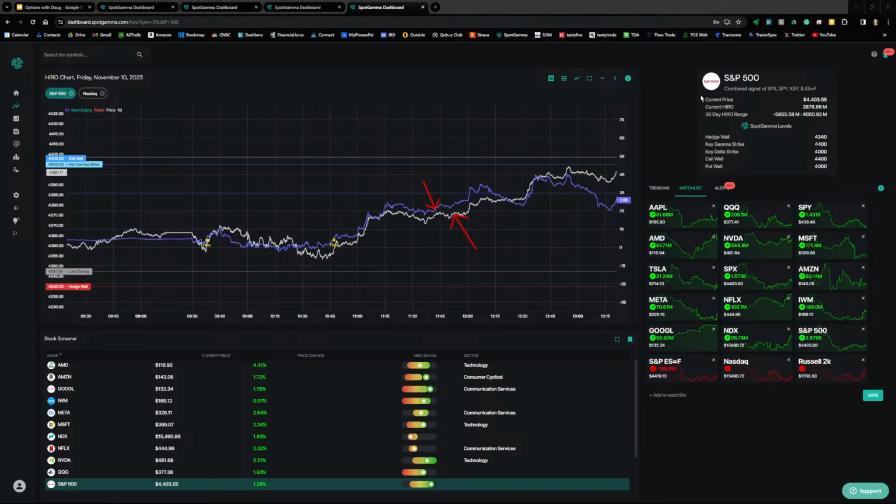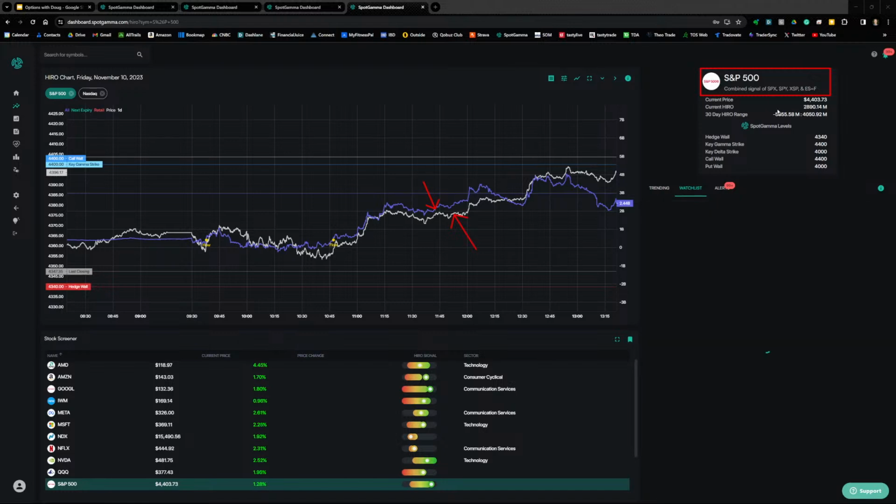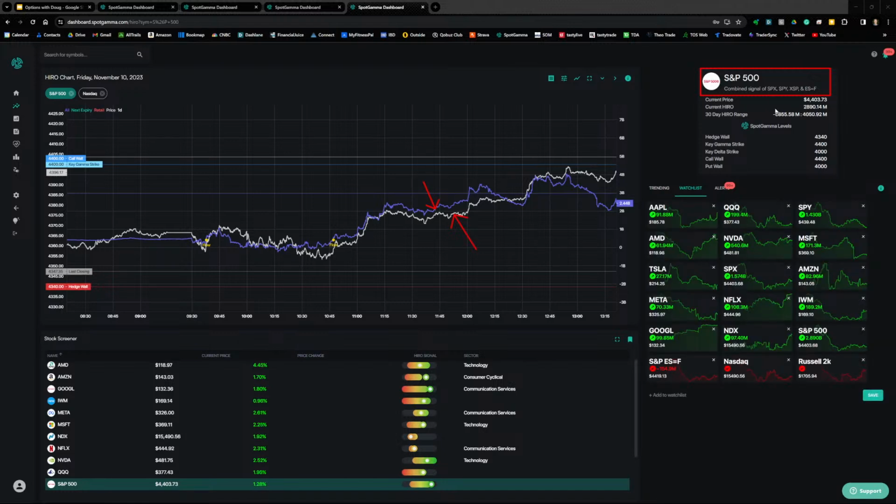And this chart is showing options trades and market maker hedging activity as a combined signal for SPX, SPY, XSP, and ES futures, all into one combined signal. So it looks like price continues higher.